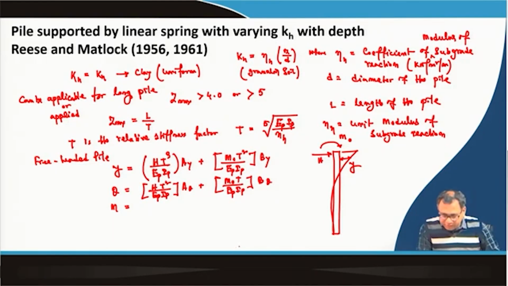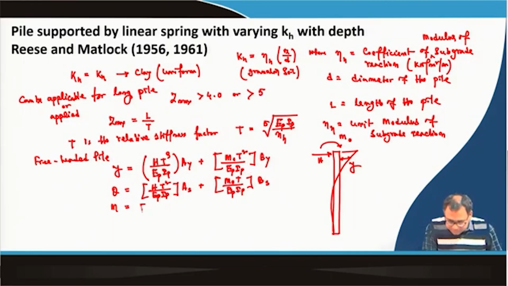Okay, B theta, or here the table is given for B s. So, that is why I am giving B s, s for slope, because these values will be given in tabular form. That is why I am giving the same notation. So, this is h t square E p I p A s, t cube, t square. Okay.